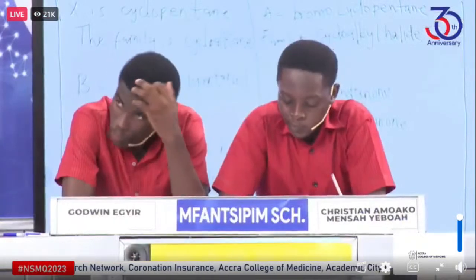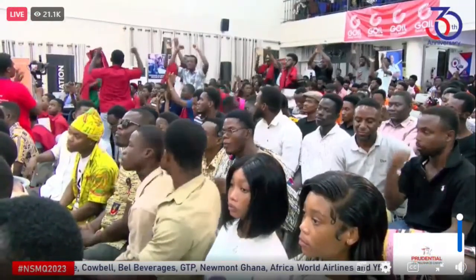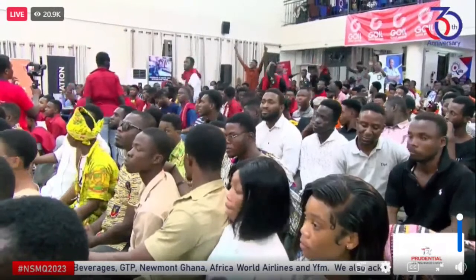More point to Nsmq School 1, for identifying C as cyclopentanone. They got the family name wrong. So that's 5. 5 out of 10. That's the end of the problem of the day and the end of round 3.